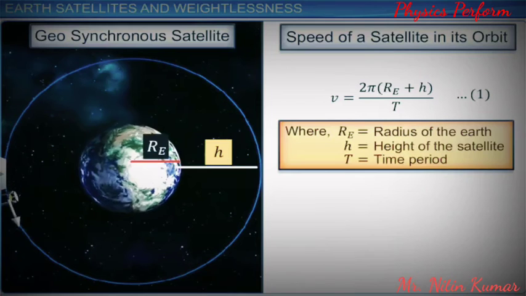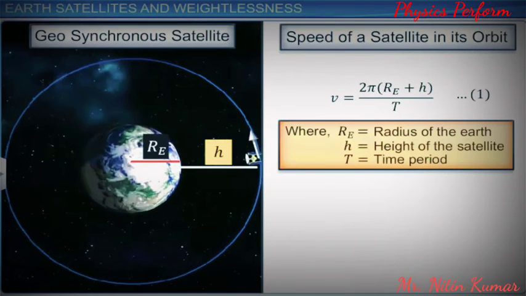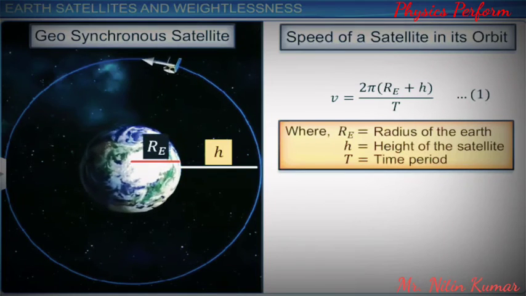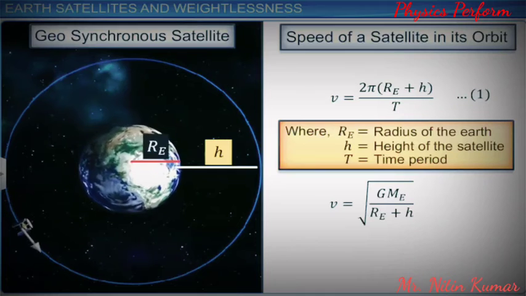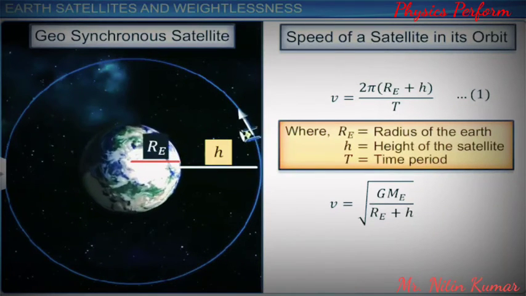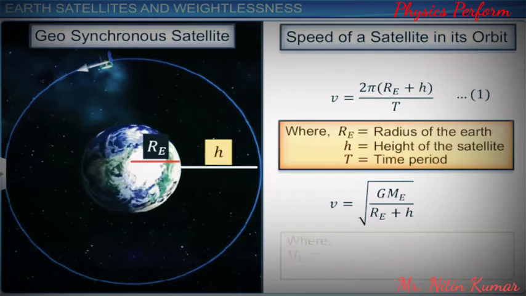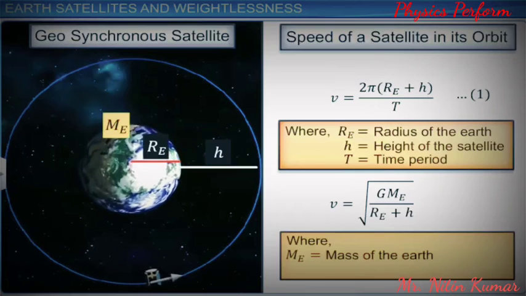The speed of a satellite in its orbit can also be obtained using the relation v is equal to the square root of GME divided by Re plus h, where ME is the mass of the Earth and G is the universal gravitational constant. Let this be equation 2.